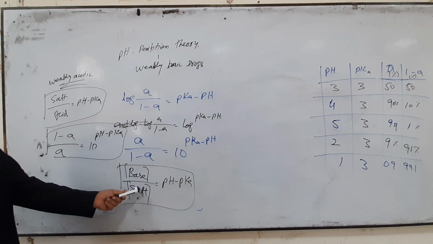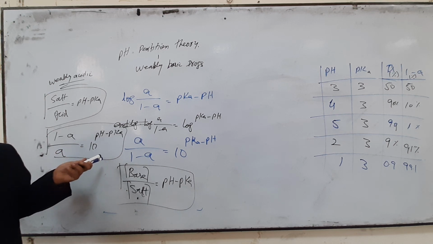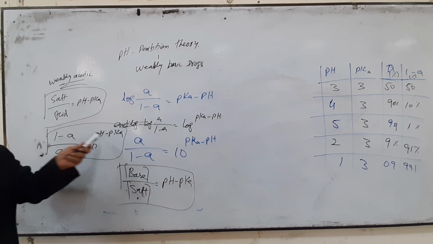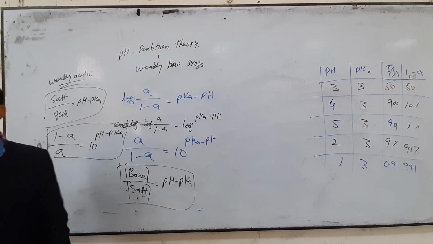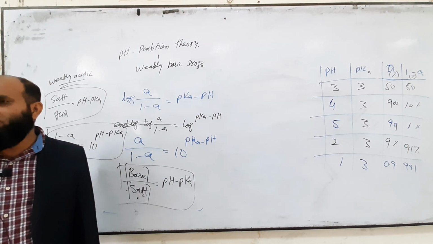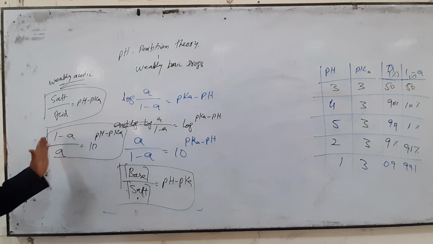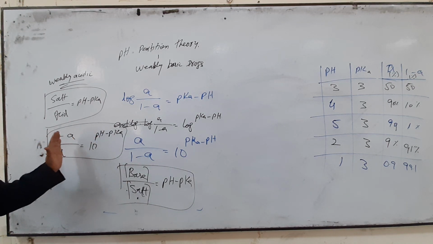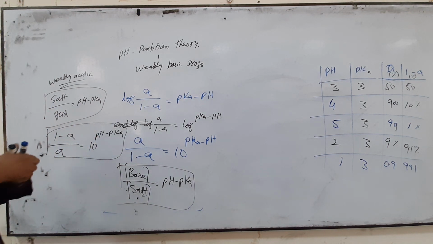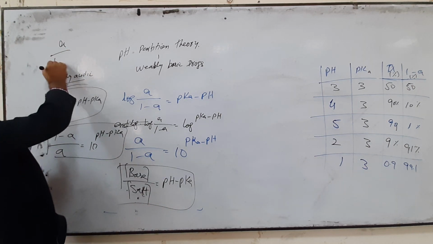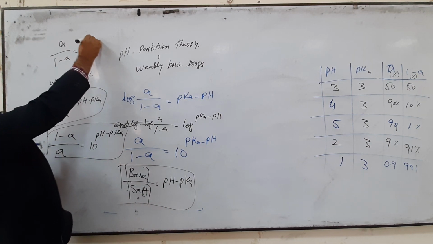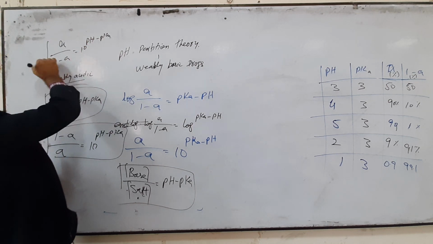They are not changing their right side values. They take 10 raised to the power pH minus pKa in case of weakly acidic and also weakly basic drug, but their left side values are changed. They first divide with the unionized, and 10 raised to the power pH minus pKa, that is for weakly acidic.